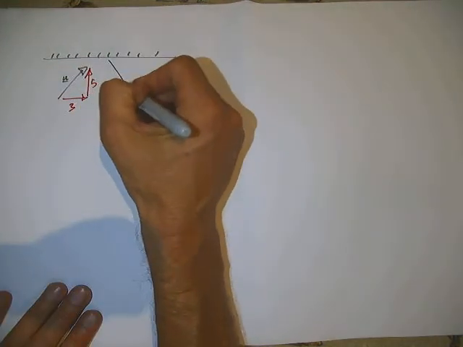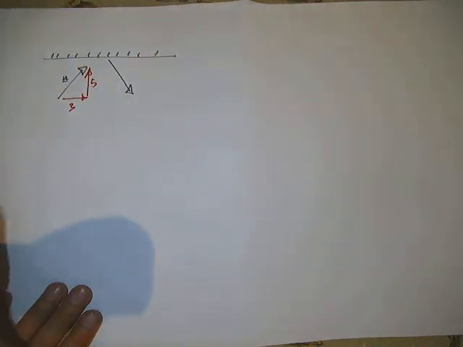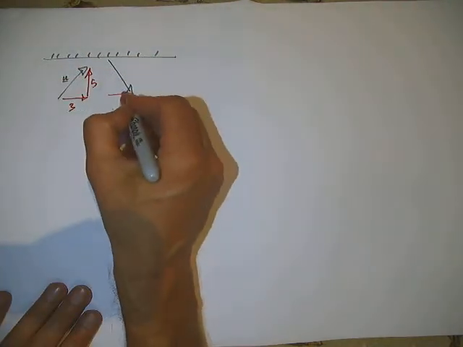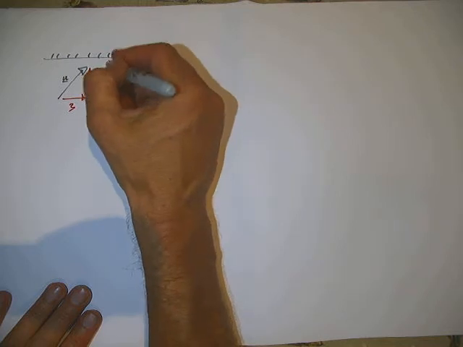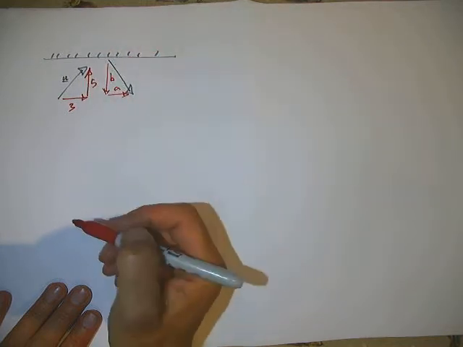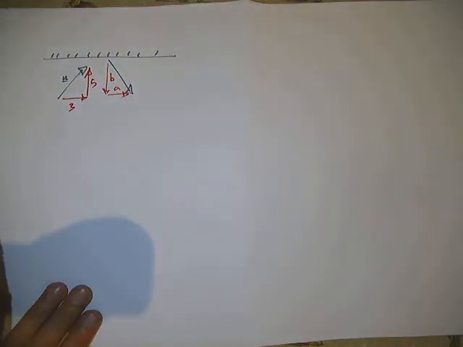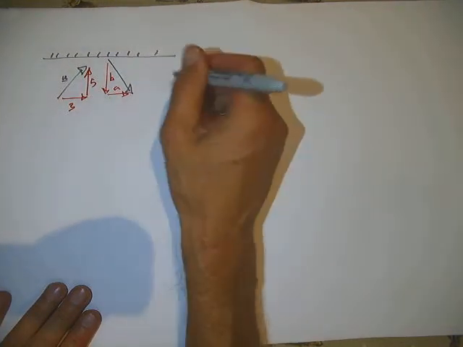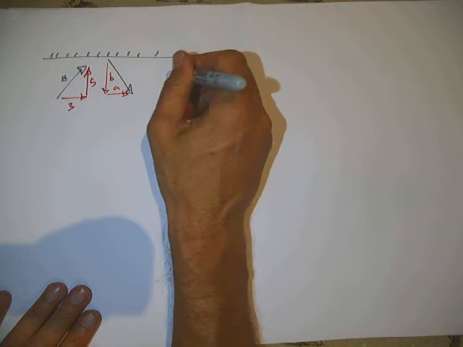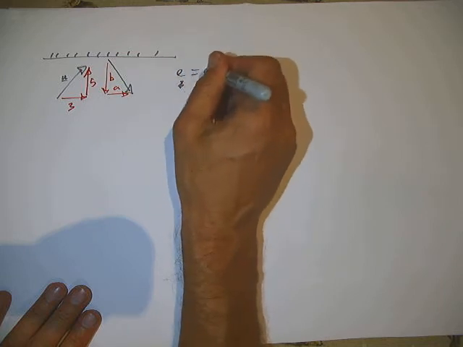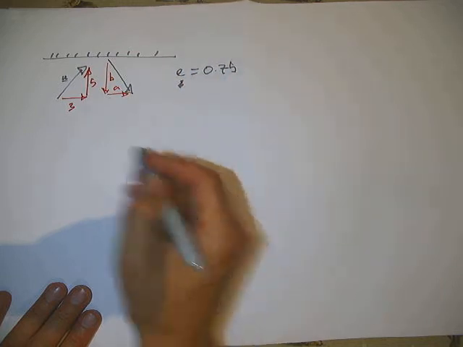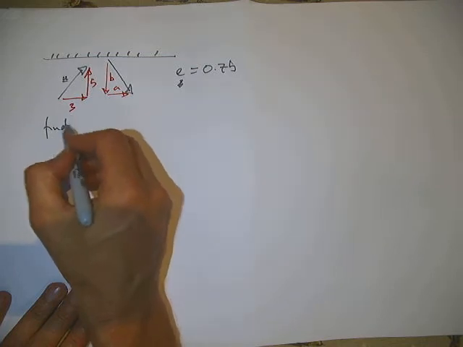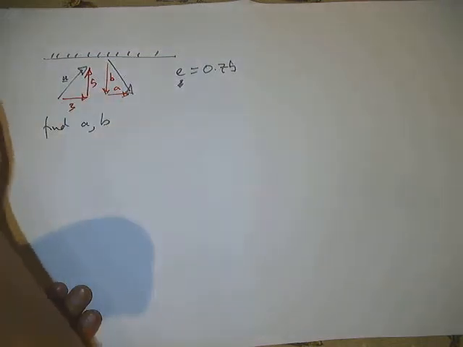It collides with the wall and rebounds with velocity AI plus bj. Given that the coefficient of restitution is 0.75, E equals 0.75, find A and B.